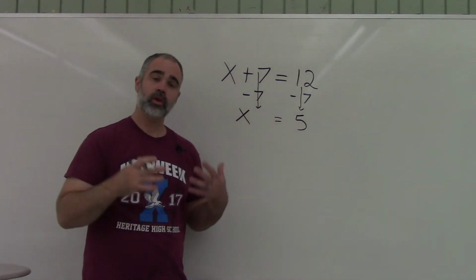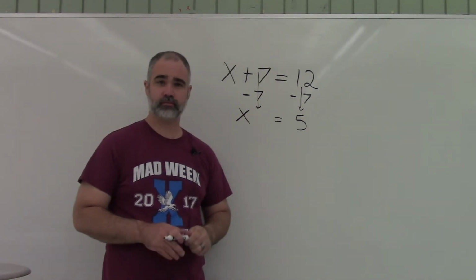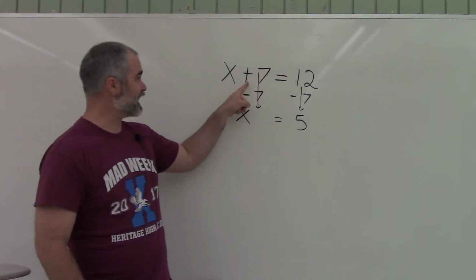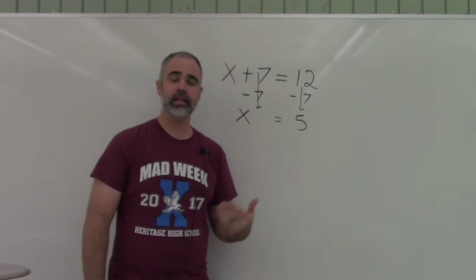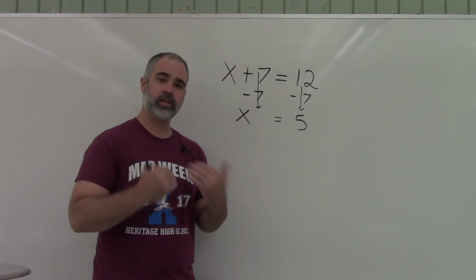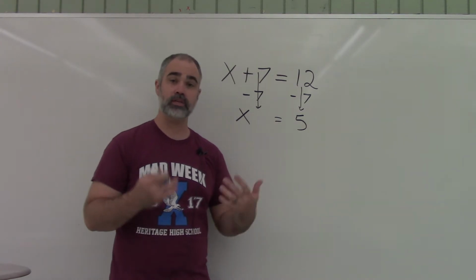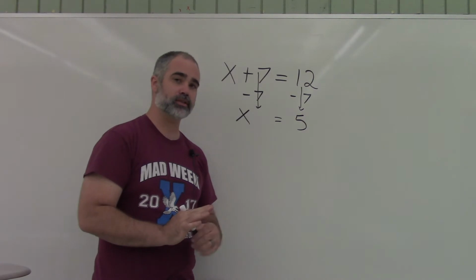That's great. What I want to talk about today is how we know that we subtracted here. What I want you to notice is that on this one, I added 7 and then I subtracted 7. There's a really important relationship between those two operations. An operation in math is something that we do. So adding, subtracting, multiplying, dividing, those are called operations.